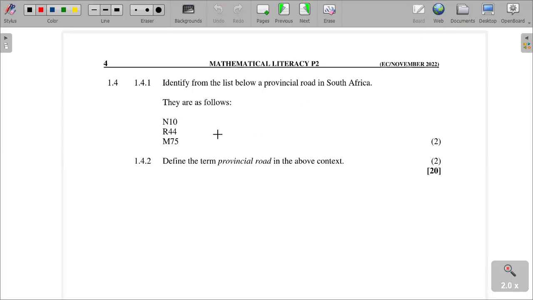We are saying the provincial road is actually R44. R44 is a provincial road.